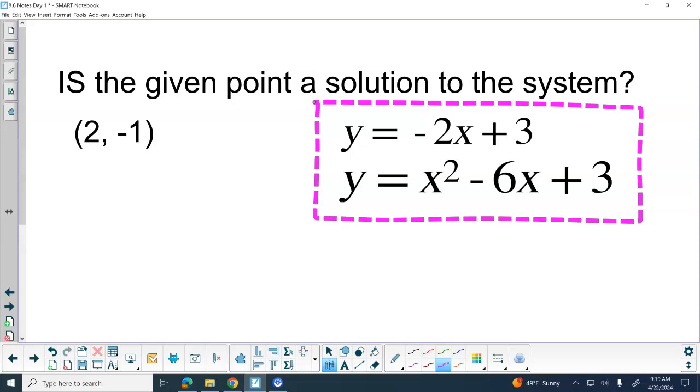When we had 3x plus 4y equals 1 and x minus 10y equals 6, it's the same type of thing. We're asking if this point right here is a solution to this system.